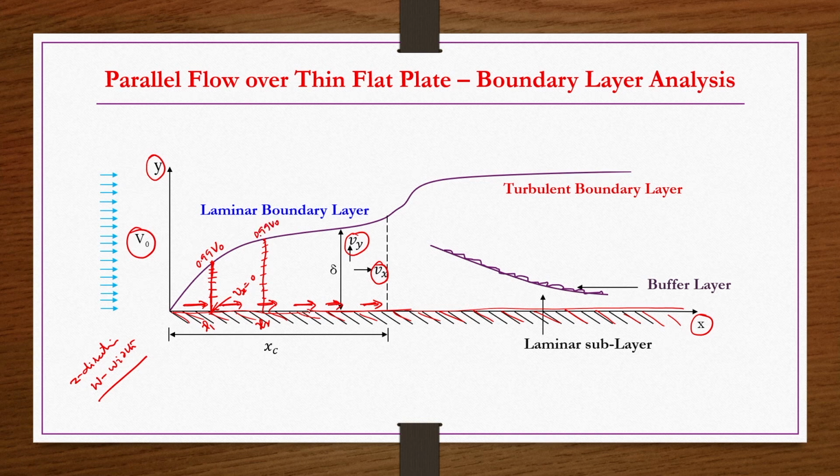You take another location, x3, and here also the velocity gradually increases as you move away normal to the surface, and you locate the point where it becomes 99% of the free stream velocity V naught. Like that, for different x values you locate those points, and then you combine them and draw a curve through them.